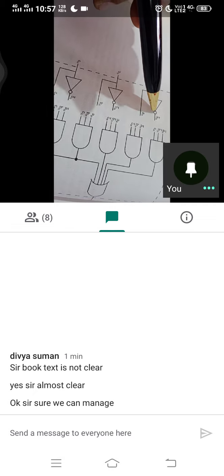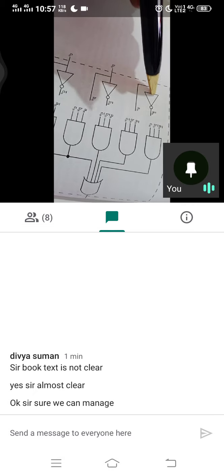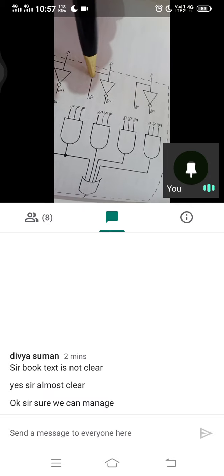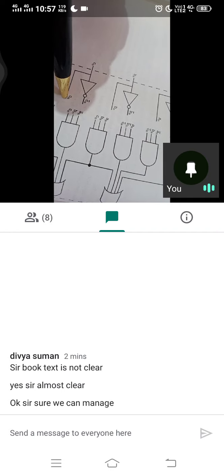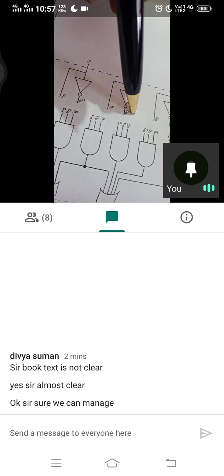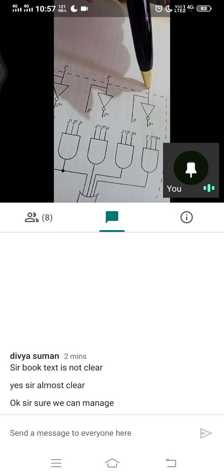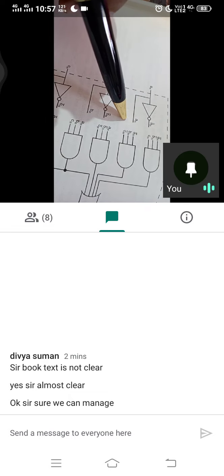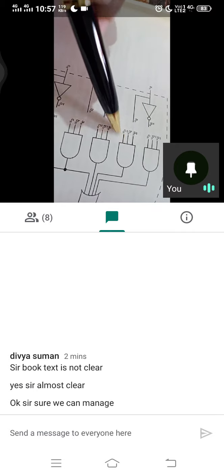So we use an inverter circuit, that is a NOT gate. So A with an inverter, B with an inverter, C with an inverter. The branching, obviously we have C signal here, not C signal here, B signal here, not B signal here, A signal here, not A signal here. So that means if you send 1 here, this will be 0, this will be 1. If it's 0 here, this will be 0, this will be 1, like that.